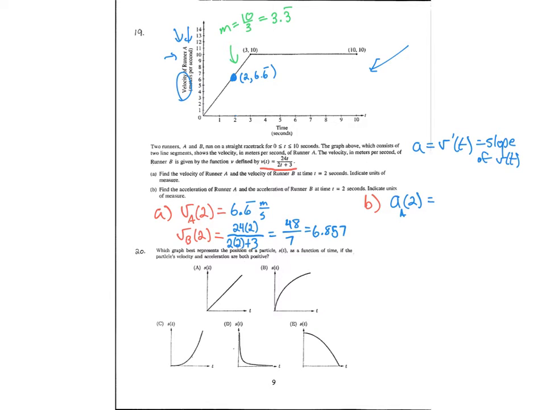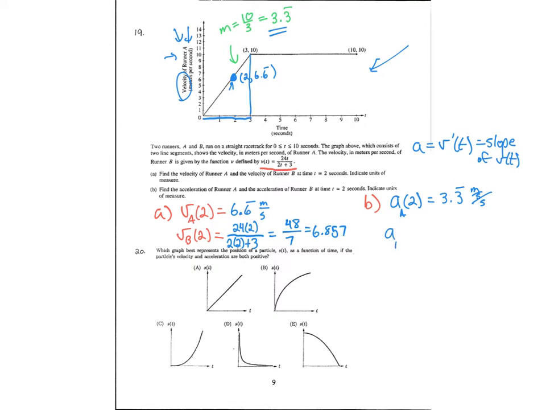And the acceleration of runner A at time t equals 2 seconds is the slope of this graph at t equals 2. We found that from the previous example, 3.3 repeating, because we see that the line goes over 3 and up 10. So 10 divided by 3, and we get 3.3. And that would be measured in meters per second squared.